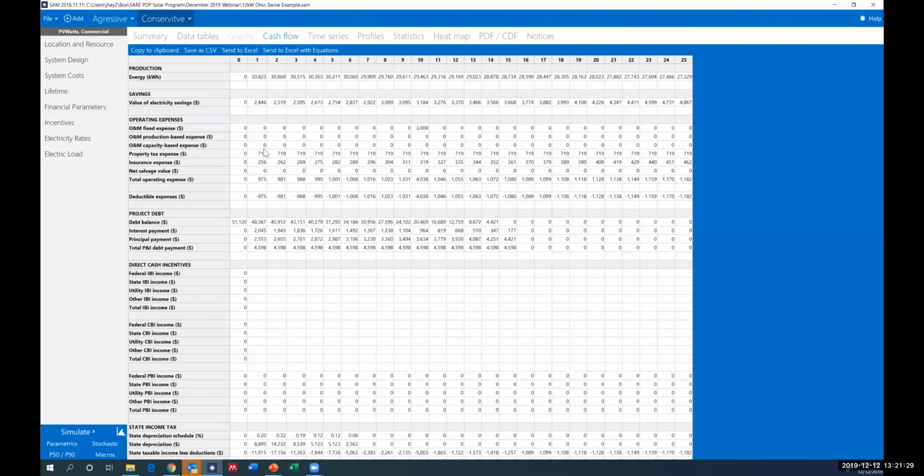Now, when it models that and gives my cash flow, I'm going to have just this $3,000 fee here in year 10. Now, I think that's fair to do. Whether you're going to have that inverter replacement or not, it's up in the air. There are some inverters with 25-year warranties, and you could try to value that a little bit. What I try to tell people about O&M is that O&M is low, but it's not zero.